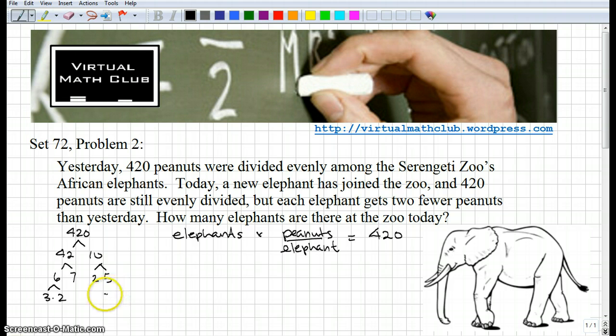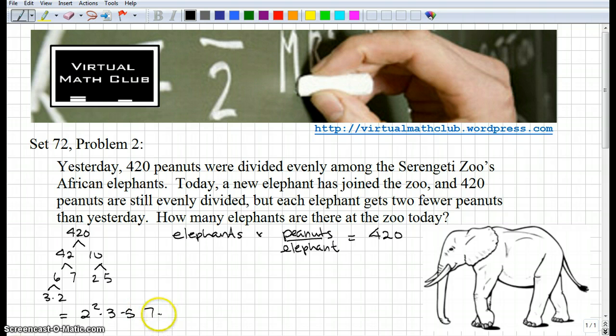Alright, so 420 in terms of its prime factors is 2 squared times 3 times 5 times 7. Okay, that's in terms of its prime factors.